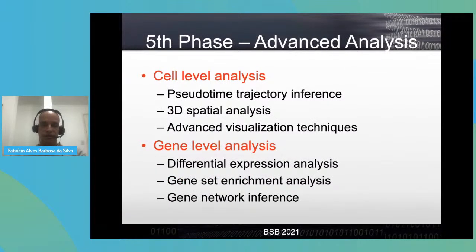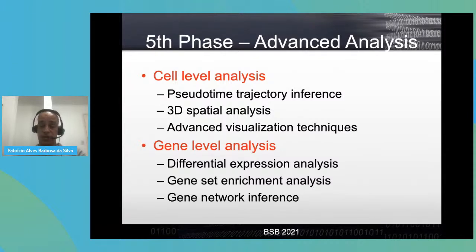And finally, for the fifth phase, we do some advanced analysis on the clusters of cells that were identified in the previous phase. So for instance, we can do either cell level analysis or gene level analysis.